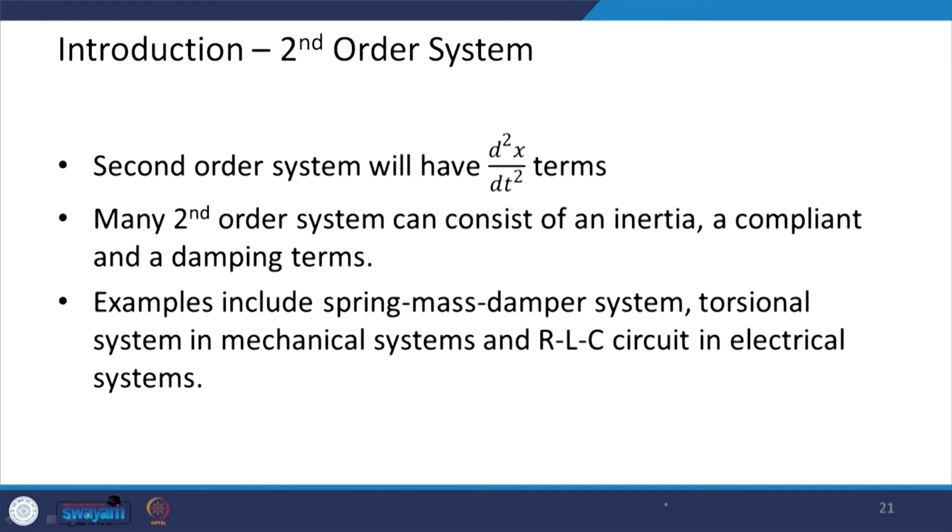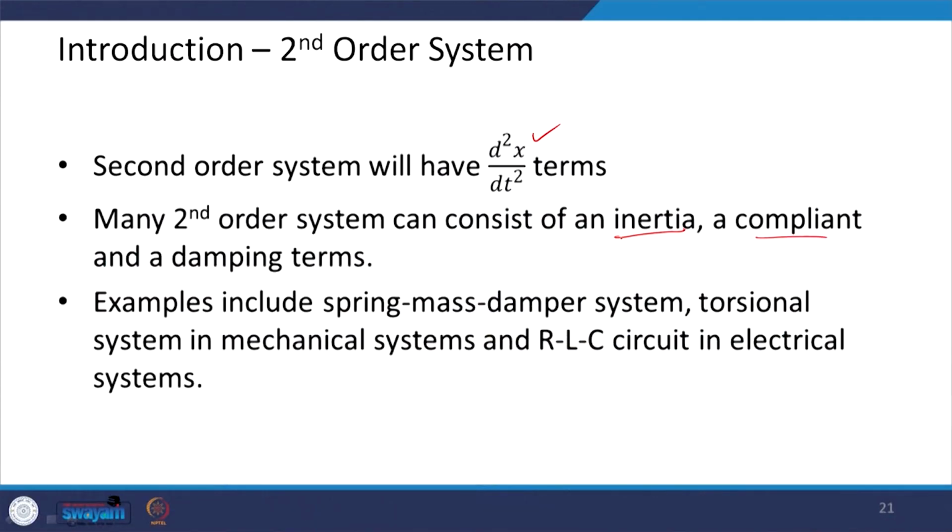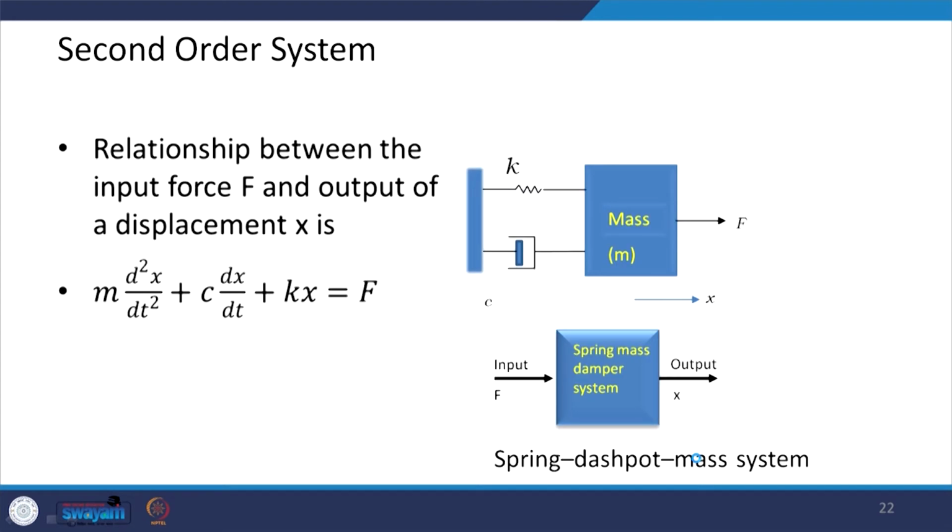Next, let us talk about the second order system. As we have seen, second order systems have d square x by dt square type of terms. A second order system can consist of inertia, compliance and damping for a mechanical system, and we have also seen on several occasions during this course that an electrical system can have a resistor, inductor as well as a capacitor, which also represent a second order system.